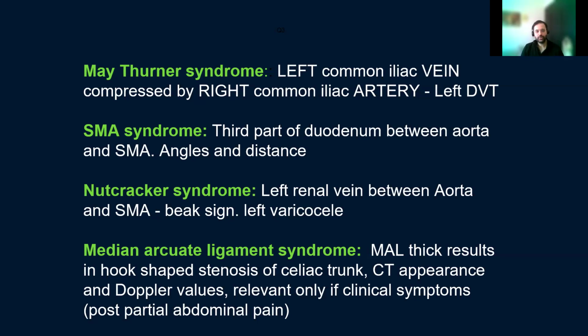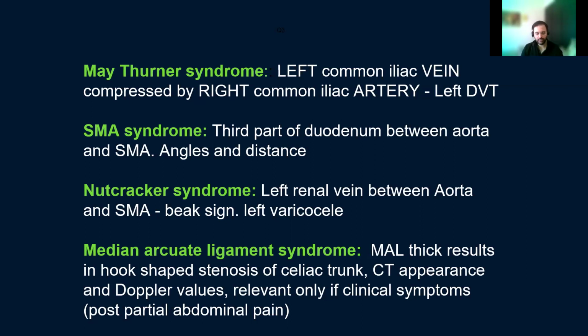Diagnosis can be done based on clinical suspicion and a CT angiogram of the abdomen, which is going to show this narrowing. There are certain measurements that we do: the distance between the aorta and the SMA, and the angle that it creates on a sagittal arterial phase image.